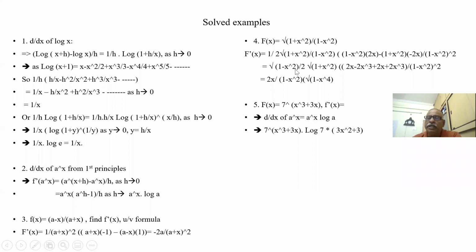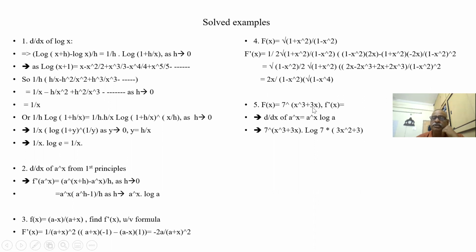Then root of 1 minus x square, root of 1 minus x square. Here 1 minus x square whole square. So this becomes 1 minus x square root of 1 minus x square. So 1 minus x square we have taken out here. Root of 1 minus x square into root of 1 plus x square is root of 1 minus x to the power of 4. So this is a simplified version of this.